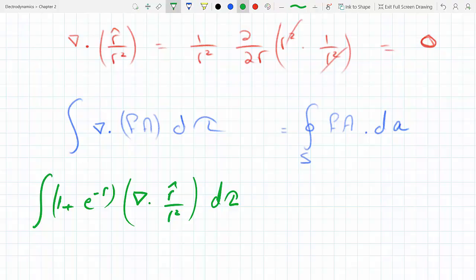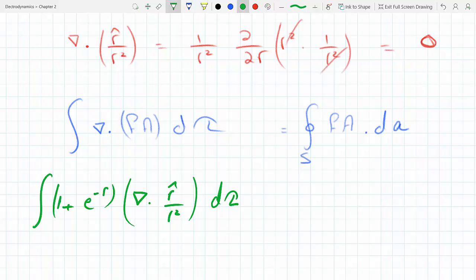That's where I'm hesitant to use that. You can't separate these two integrals. That's the problem. Or maybe you can put it in.